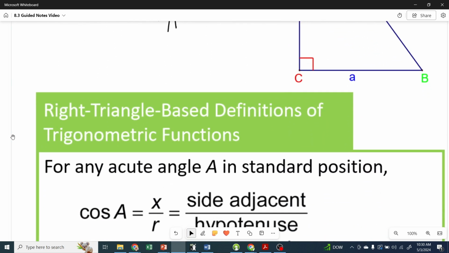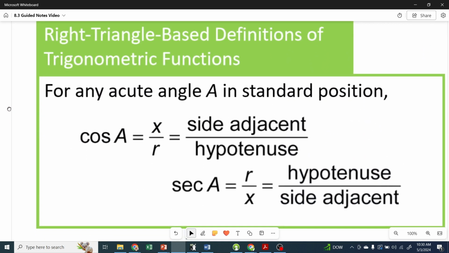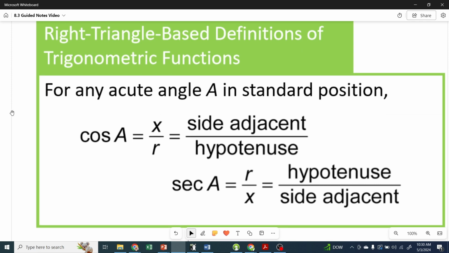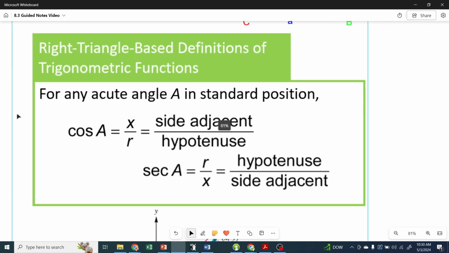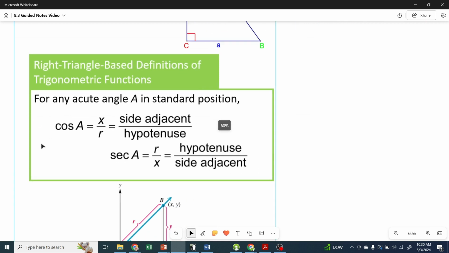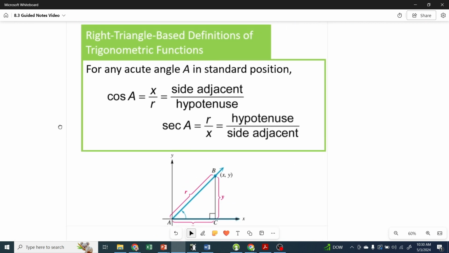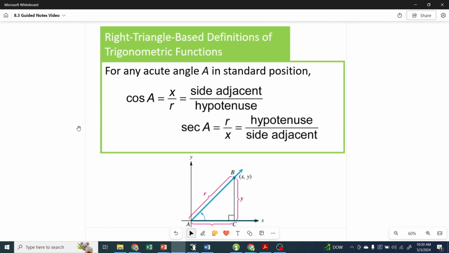And in the case of a right triangle based definition of this, if we were using the same first quadrant, which shows up a little better here if I reduce the size of this, this is called the secant.